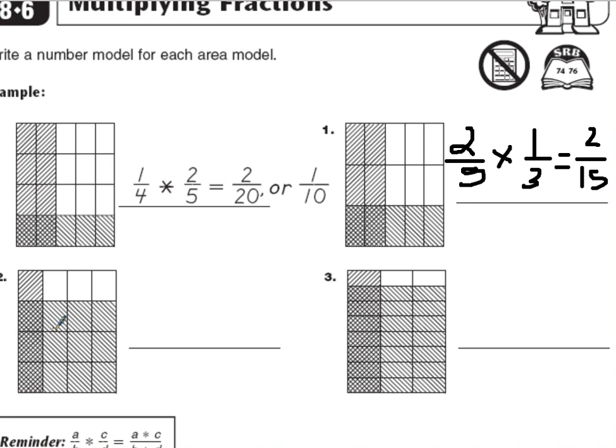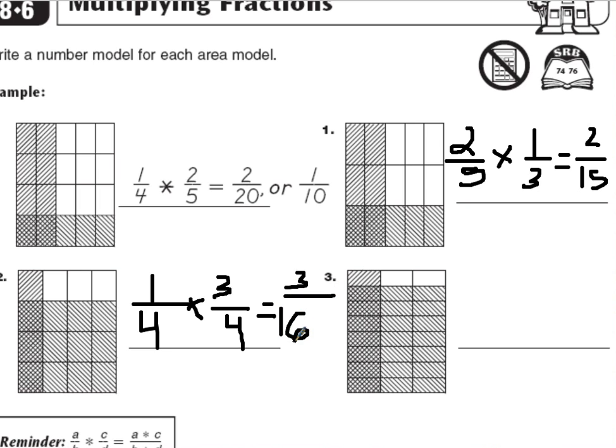Looking at another example, we have 1, 2, 3, 4 sections, so 1/4, and we're multiplying that by 1, 2, 3, 4, and 3 out of the 4 are filled out, and 1, 2, 3 are double crossed out of the entire 16.